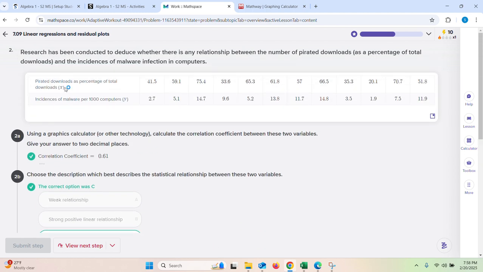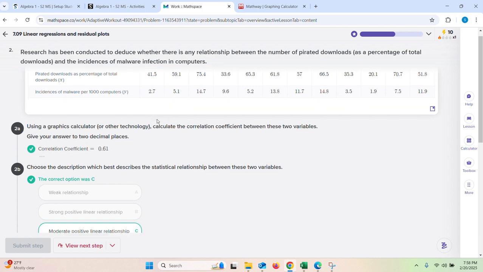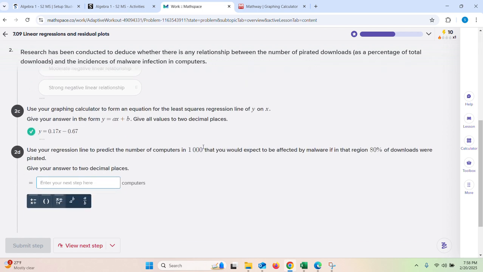Let's go back up here. Okay, so see the Y is instances of malware per thousand computers. So this thousand is nothing. It's wanting you to find Y, and Y is in this scale.